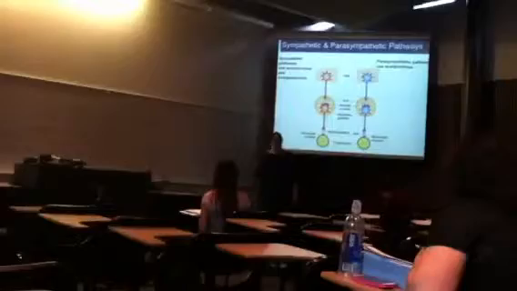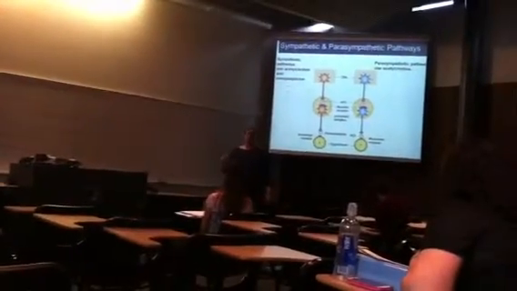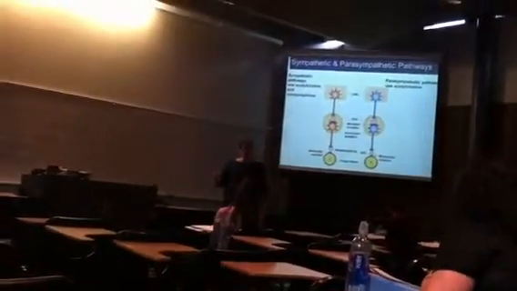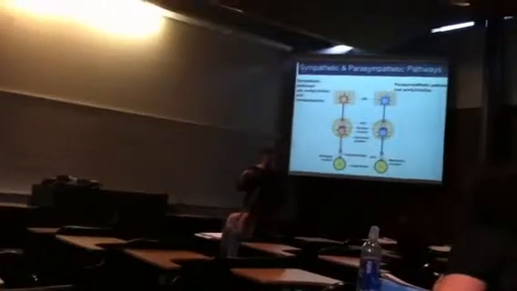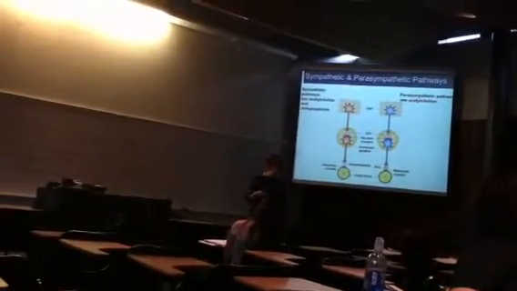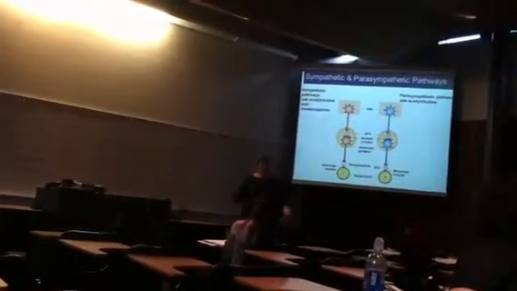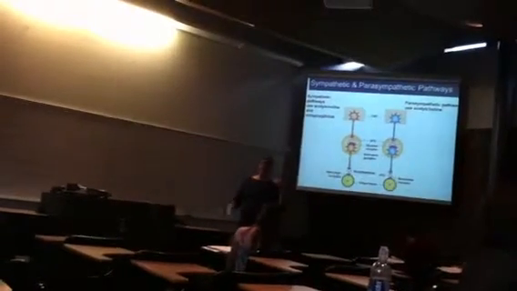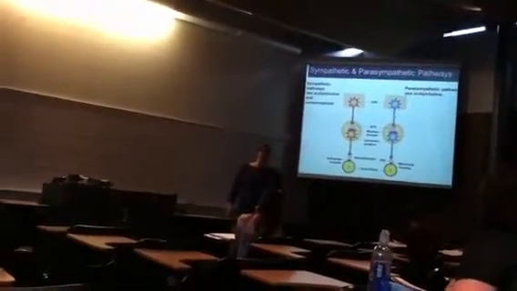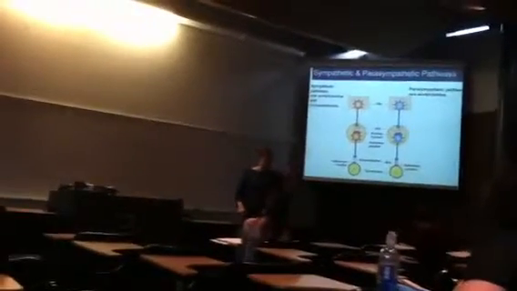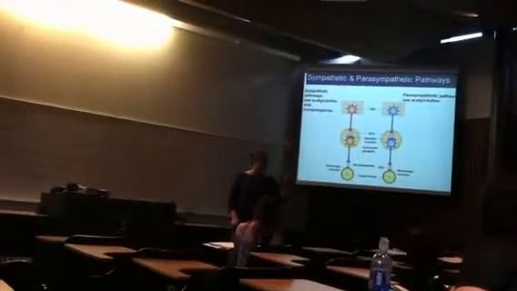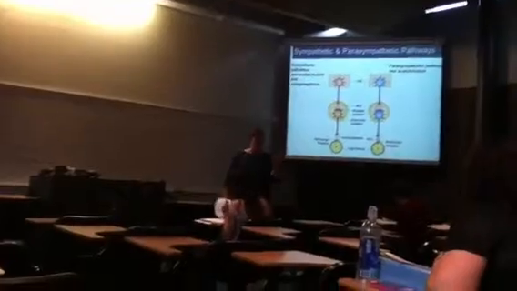So adrenaline is the hormone you use during fight or flight. Epinephrine is the same thing as adrenaline. Okay, it's a hormone. Norepinephrine is a neurotransmitter version. Okay, so you have a hormone, which is epinephrine, and a neurotransmitter, which is norepinephrine.